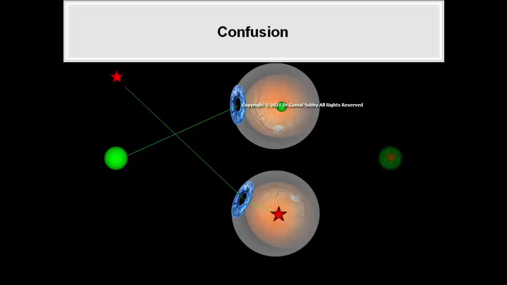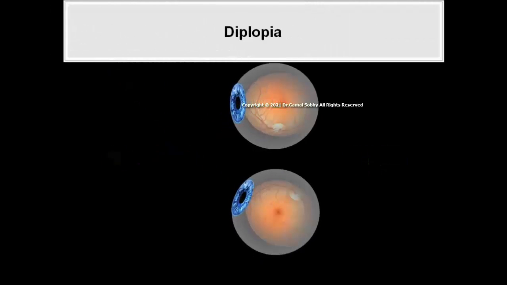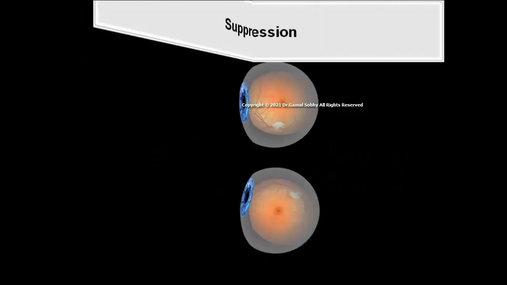This phenomenon is termed confusion. Second, two identical objects are imaged on disparate retinal areas, the fovea of one eye and the peripheral retina of the other eye, and therefore the two objects are seen in different visual directions, that is, they are seen double. This phenomenon is termed diplopia.